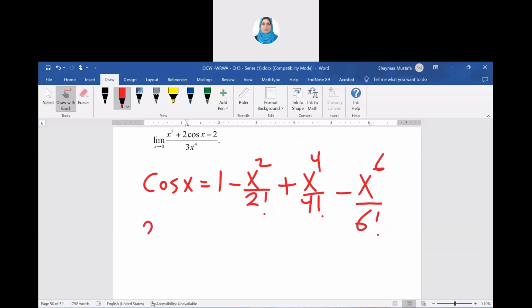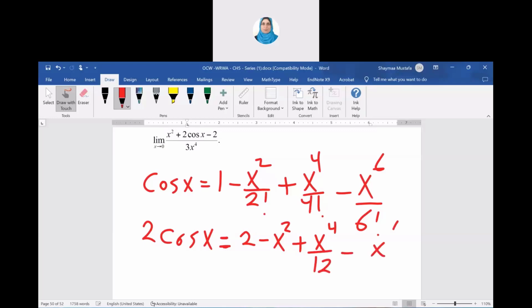So you have 2 cos x is equal to 2 minus x squared plus x to the power 4 over 12 minus 2x to the power 6 over 6 factorial.